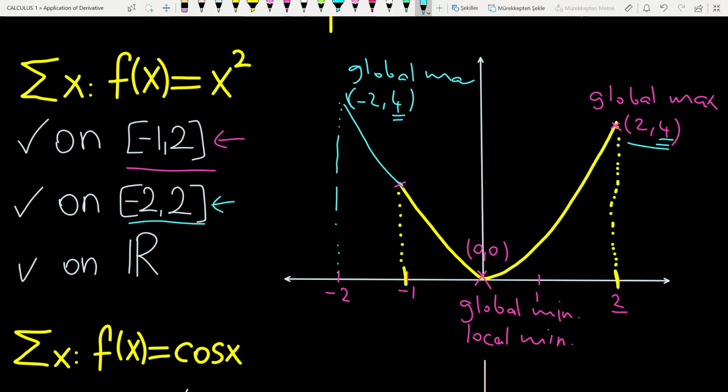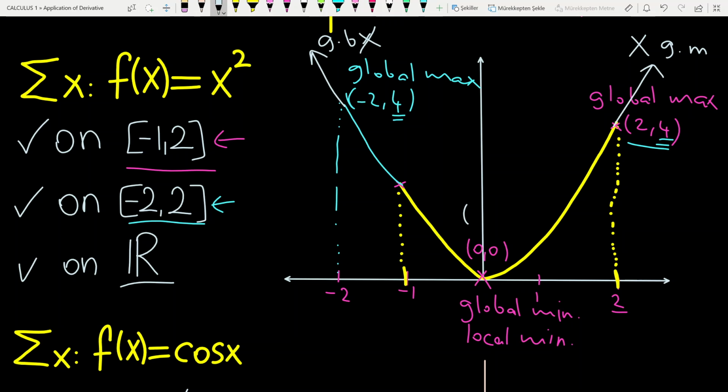Global max. Is it also a local max? It cannot be a local max since it is an endpoint. So if you extend the domain from -infinity to infinity, in this case you do not have a global maximum.